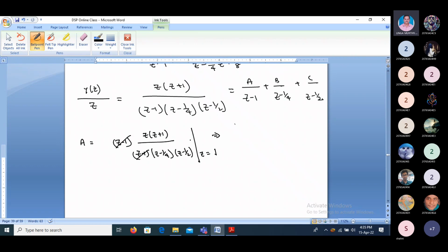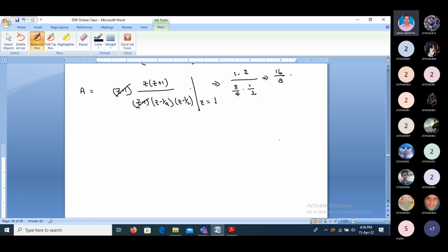After substituting the 1 here, 1 plus 1, 2, divided by 1 minus 1/4, 3/4, times 1 minus 1/2, 1/2. What is the final answer? It is 3/8 and totally 16/3 is the answer.